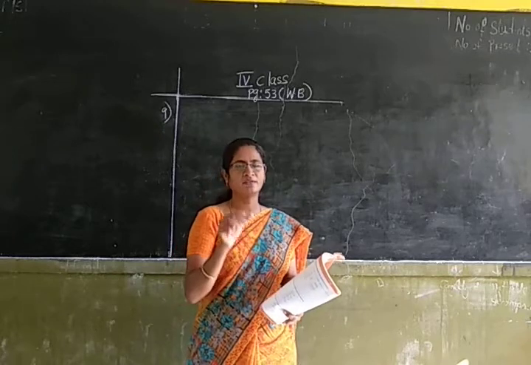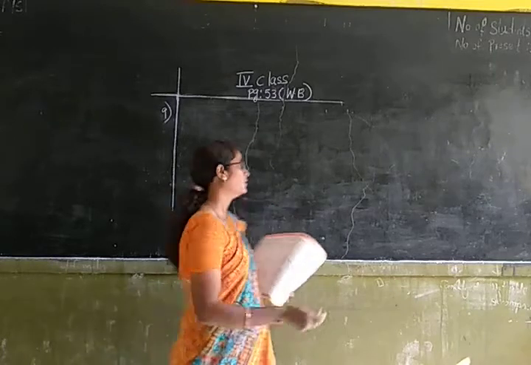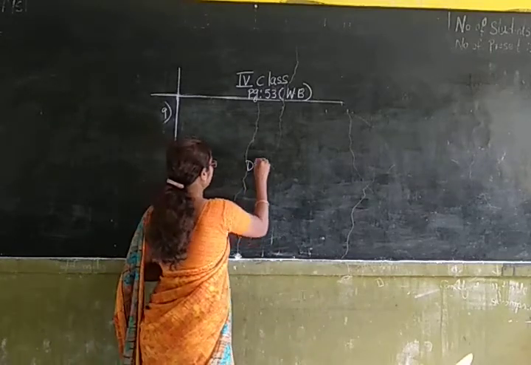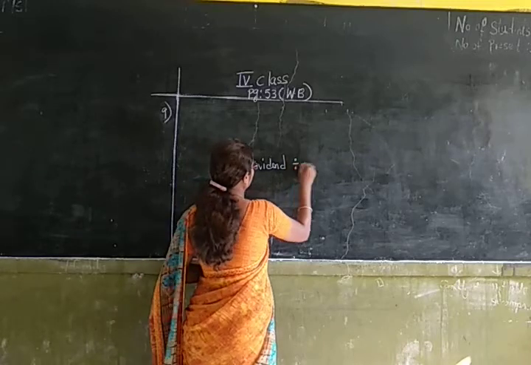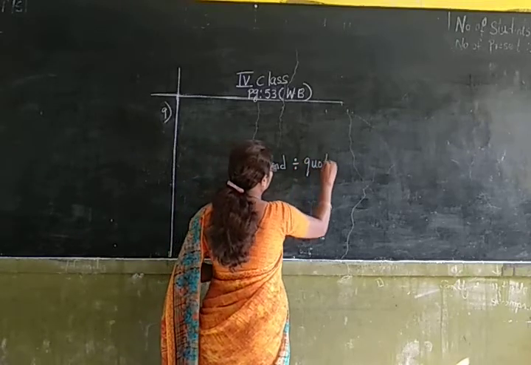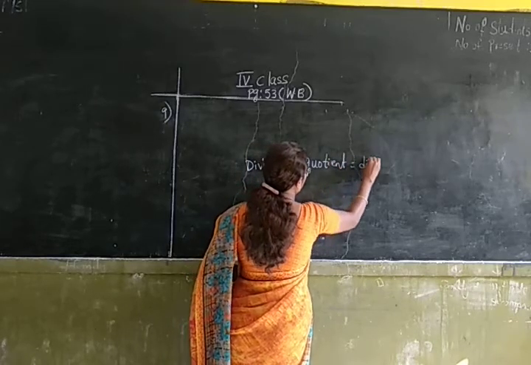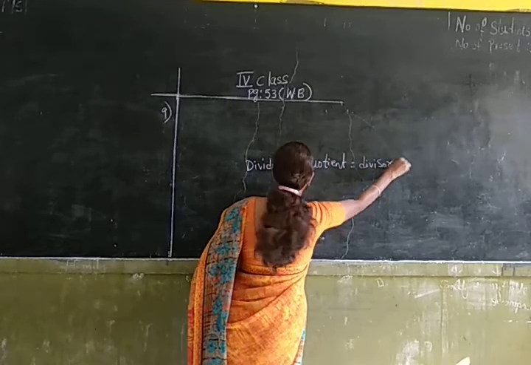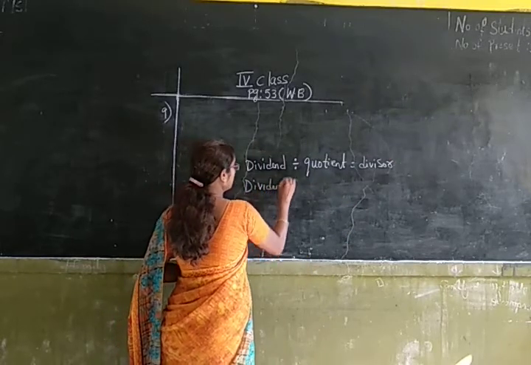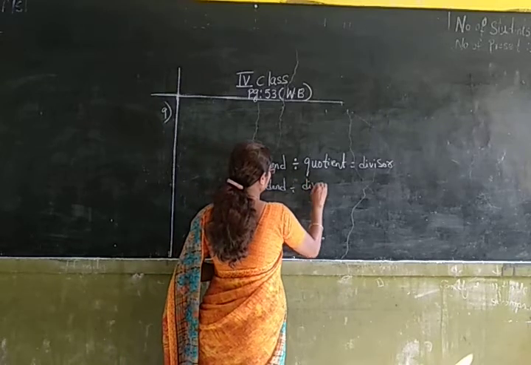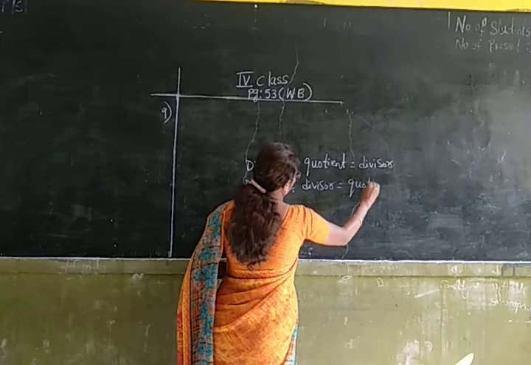Or if you divide the dividend with the divisor, you will get the quotient.